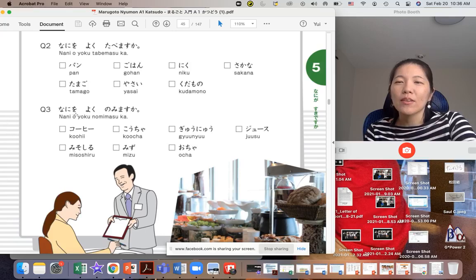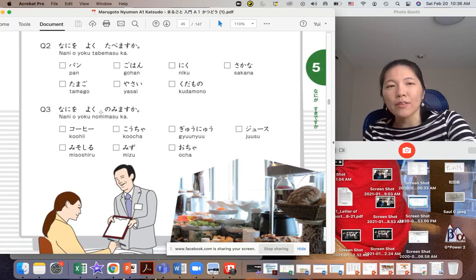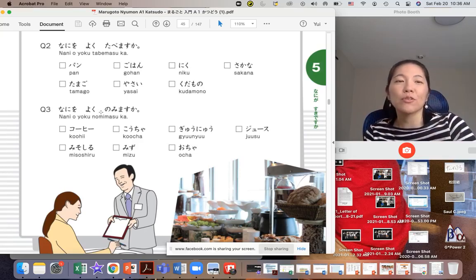Number 3, 何をよく飲みますか. 何 is what, よく is often, 飲みます to drink, か question. What do you often drink? So the food was question 2, question 3 is the drink. So we have coffee, 紅茶, this is usually English tea, 紅茶, 牛乳 is milk.